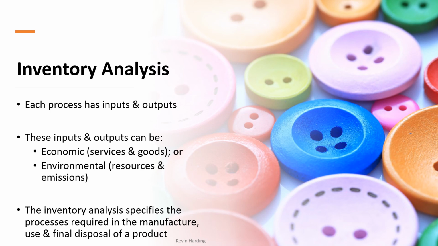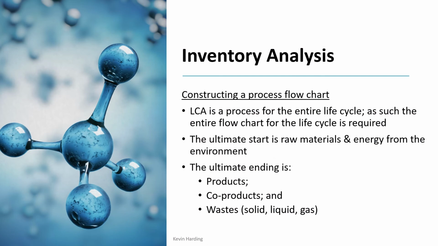Okay, so we said already these inputs that we need for mass and energy balance. We also need the environmental emissions, so we want all of the emissions as well, just to highlight that there. So I think I've already said some of the things that are needed here, so maybe I don't need to spend too much time. So the first step of this would be constructing that process flow sheet.